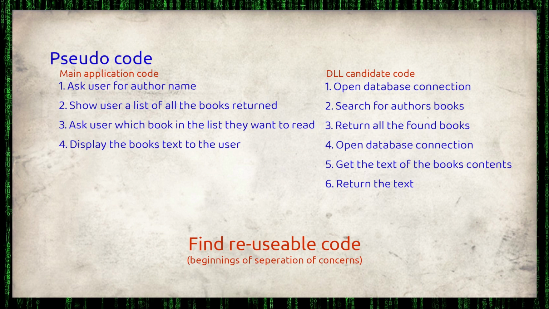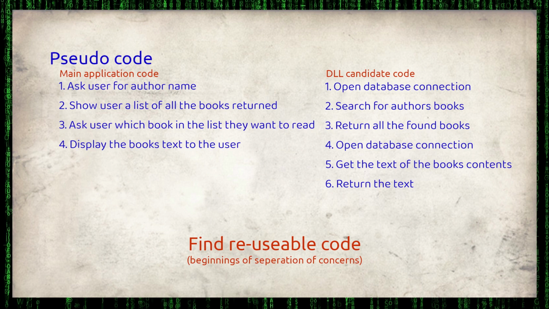What if we later decide to change this to be, let's say, a WinForms app using .NET, and that entire front end has changed? Now we can say, well, we can write all that code into the WinForms app, this DLL candidate code. Yes, you can do that, but then you lose the reuse of that DLL.